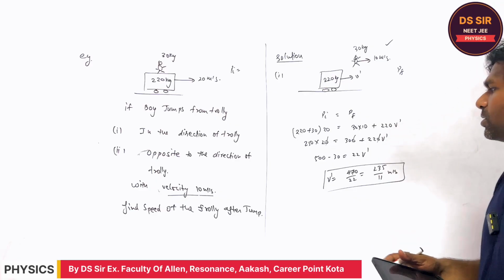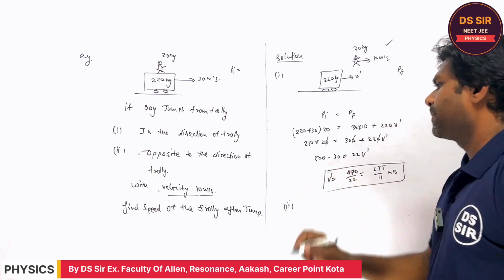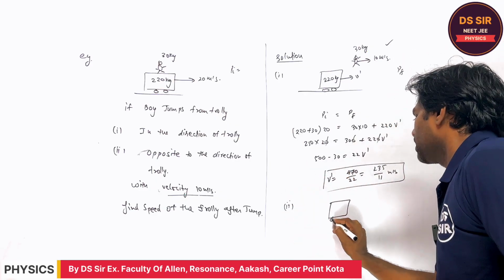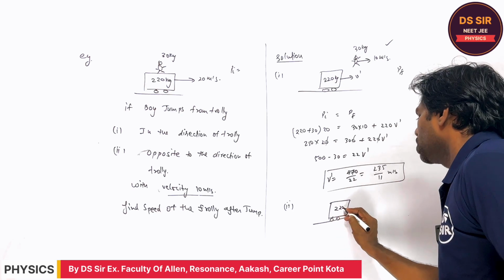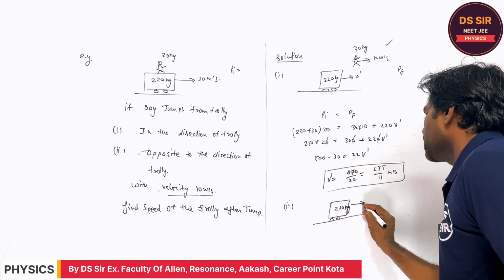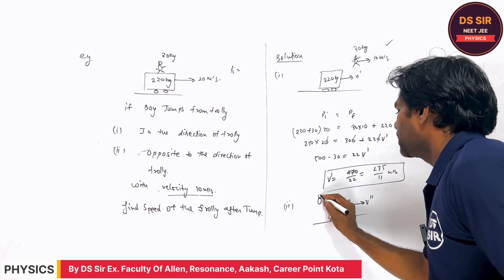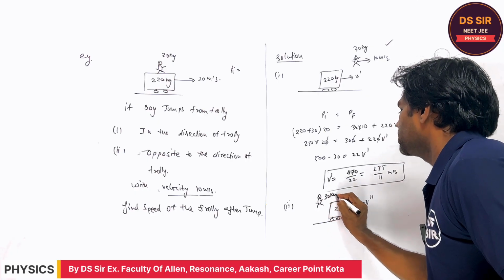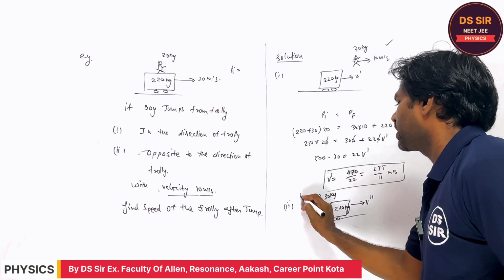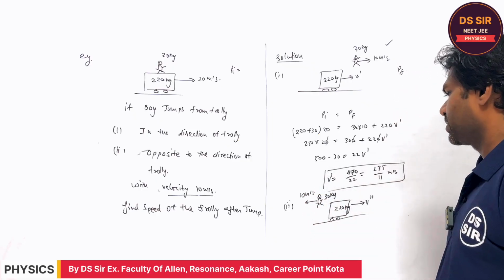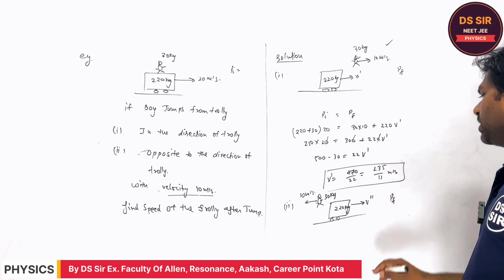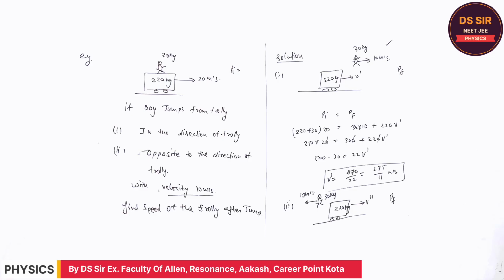Is it clear or not? Yes. In the second part, this is the car moving with 220 kg, after which the velocity becomes v double dash. But now this 30 kg person moves in this direction with 10 meter per second. So here the final momentum you have to take.